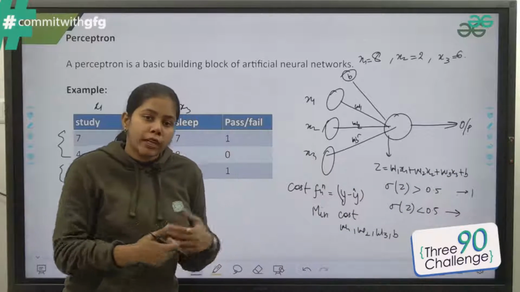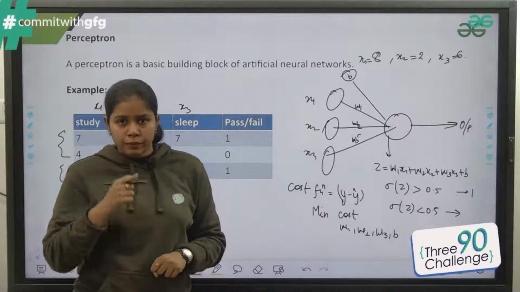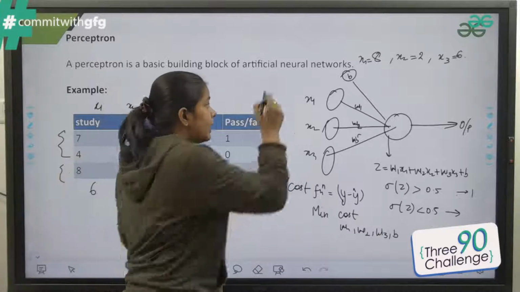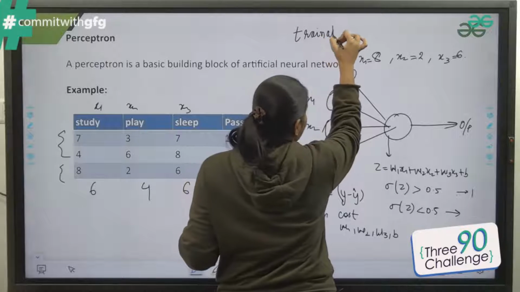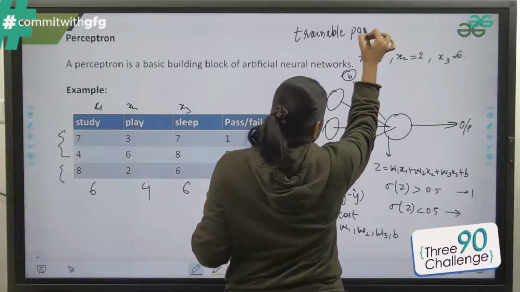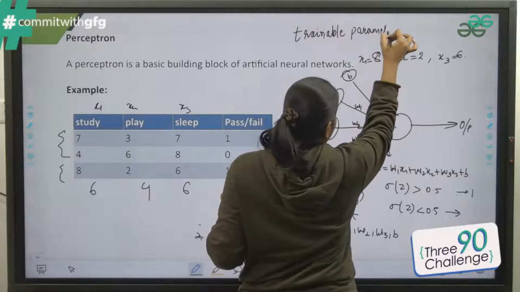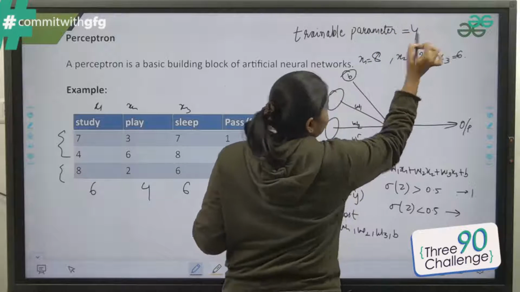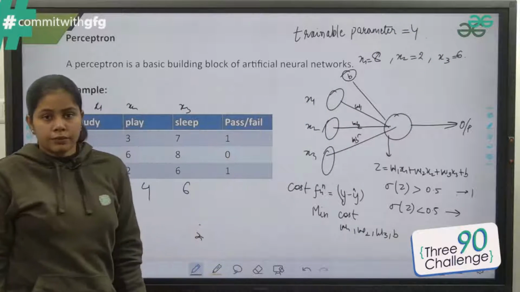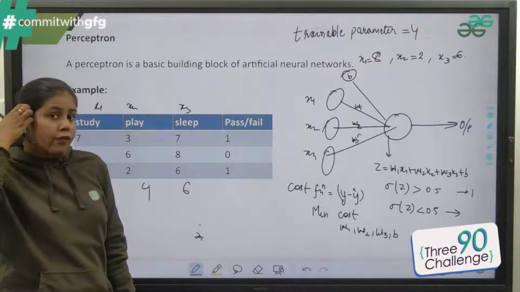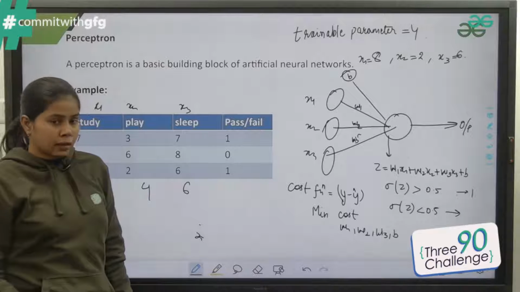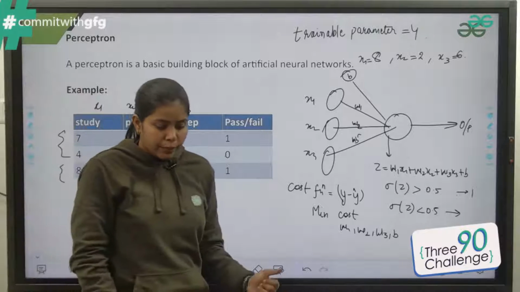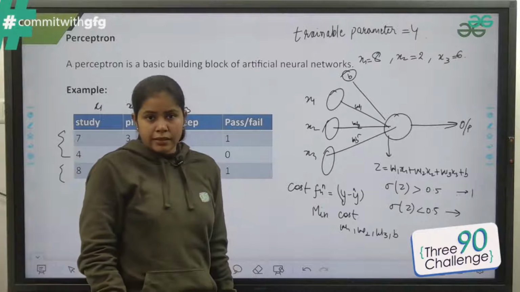So I have to train my model over these four values, right? So can I say that here my trainable parameters, how many trainable parameters? I have four trainable parameters, right? I have four trainable parameters here. So that's how we'll find out the number of trainable parameters.